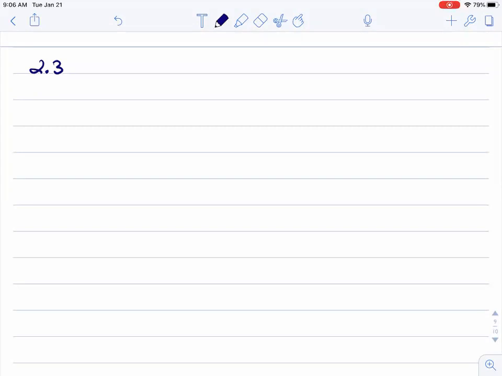And so for the limit laws, we have some rules that we can follow to calculate these limits. So calculating limits using limit laws. We're just going to go through and establish all these laws.